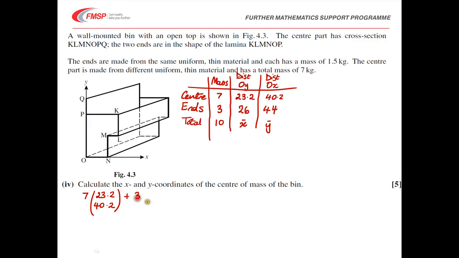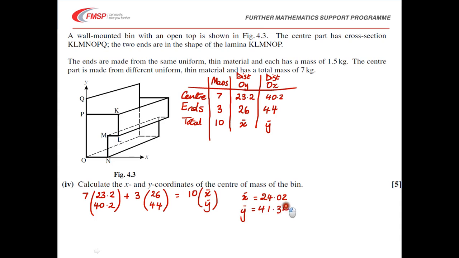For the end sections, we've got 3 times (26, 44), and that gives us a total then 10 times (x bar, y bar), and we can work through each of the lines in turn, and that gives us an x bar of 24.02 and a y bar of 41.34.